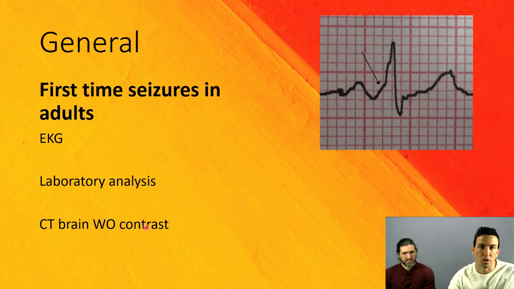But you're looking for things like a Brugada syndrome or a WPW, that's the delta wave on a WPW, or a prolonged QT, where you've actually got a syncopal episode. In reality, you've got to realize that a syncopal episode can cause seizure-like activity.